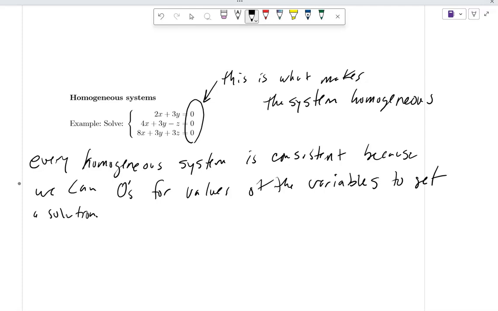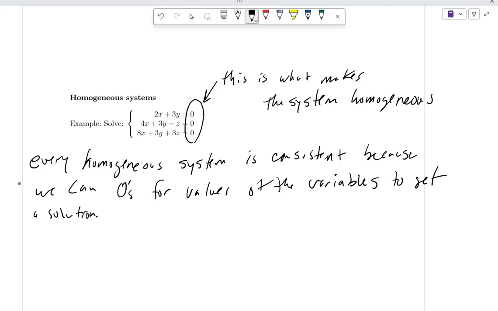They give you a piece of the information if you have something that's not homogeneous. Anyway, what we're typically interested in if we're dealing with homogeneous systems is, does it have non-trivial solutions?